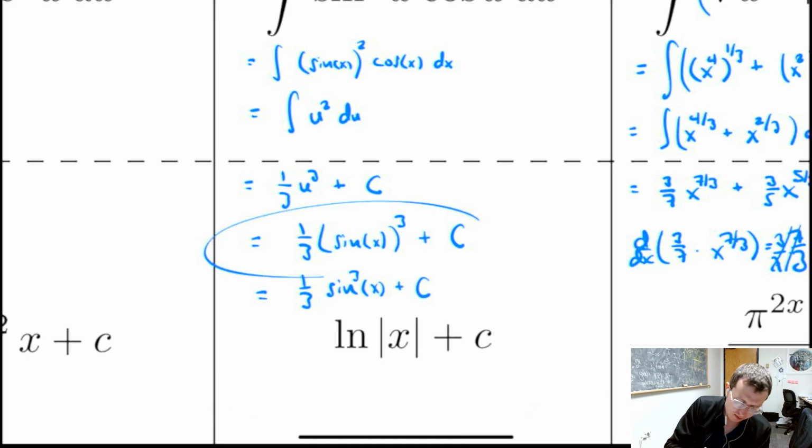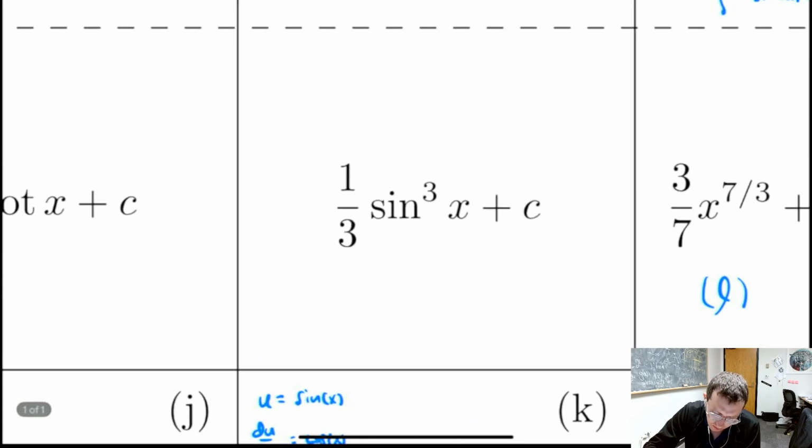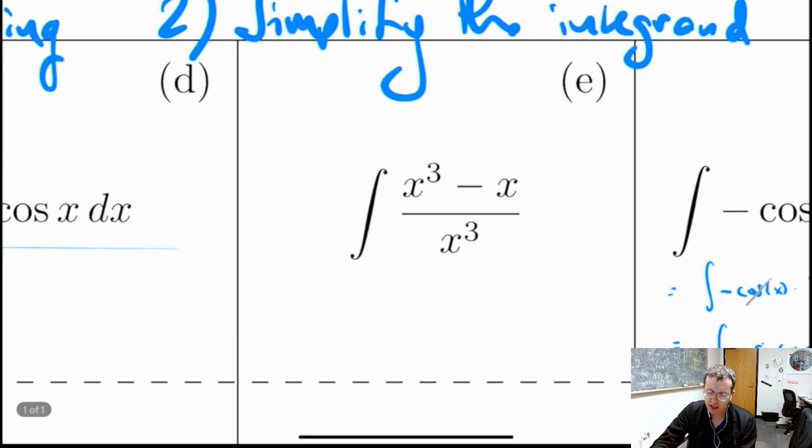To be clear, you would get full credit for this. But if it's a multiple choice, or if it's a domino activity, I just expect to see the answer written this way. 1/3 sine cubed x plus c. There we go.